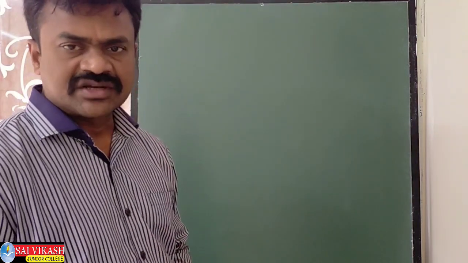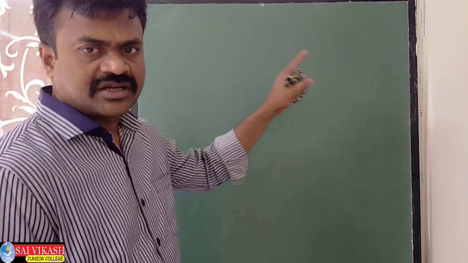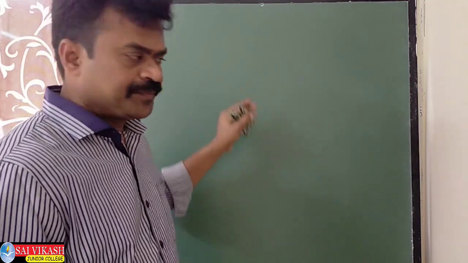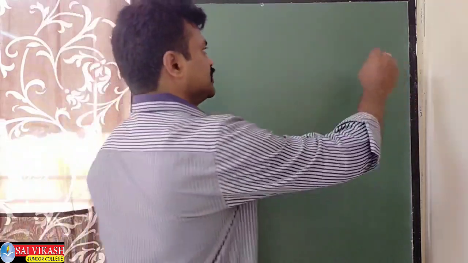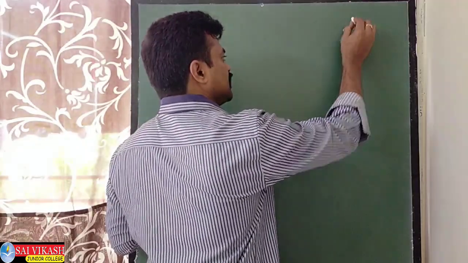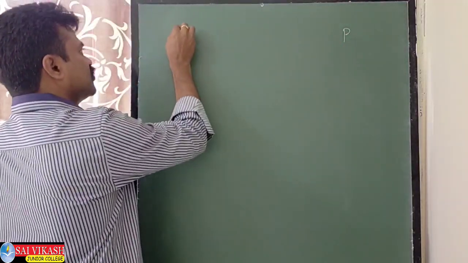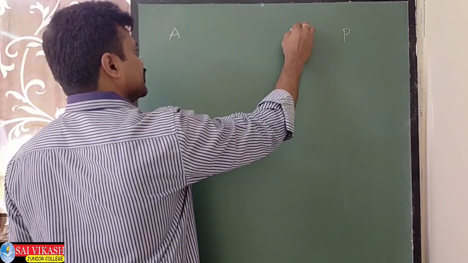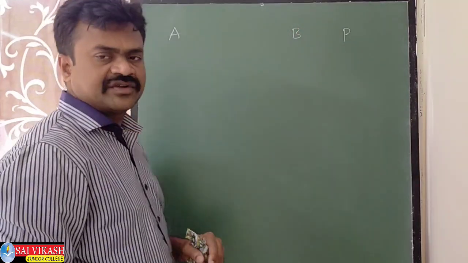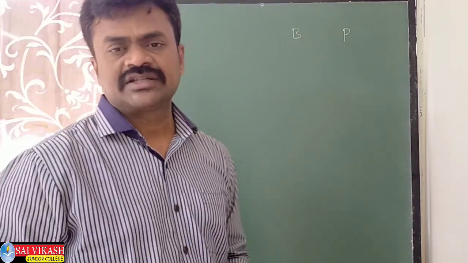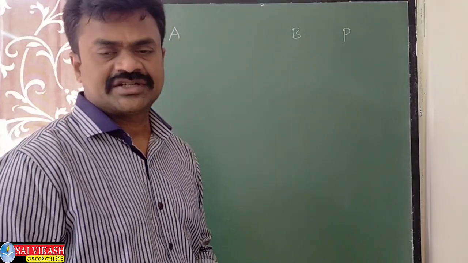I am giving once again those formulas which are very useful in the graph now. See, according to Raoult's law, I have taken two components A and B, both are volatile liquid components.